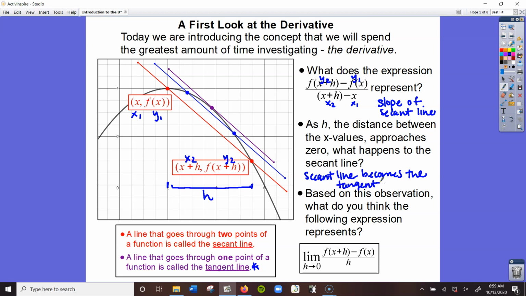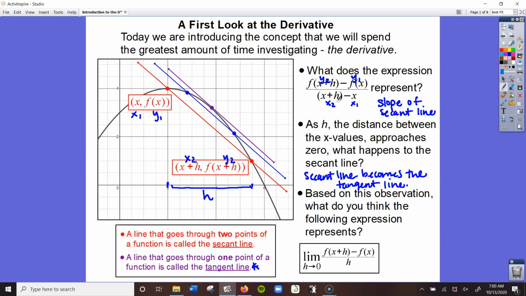Now it's important to note, if you look at the secant line and the tangent line, their slopes are pretty much parallel. So if the lines are parallel, that means that the slopes are equal. So if I look at this particular limit statement, I have the limit as h is approaching 0, so we're talking about the tangent line here, f of x plus h minus f of x all over h.